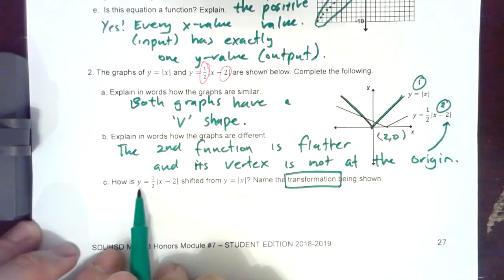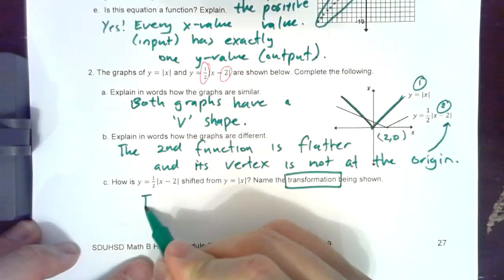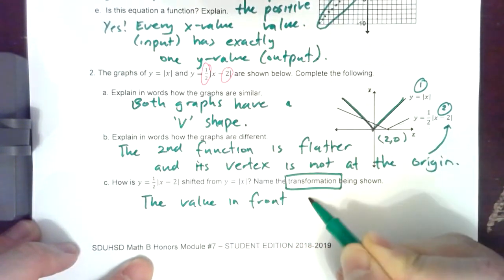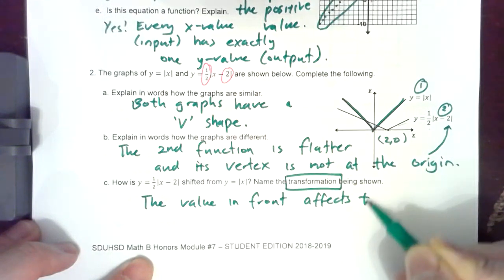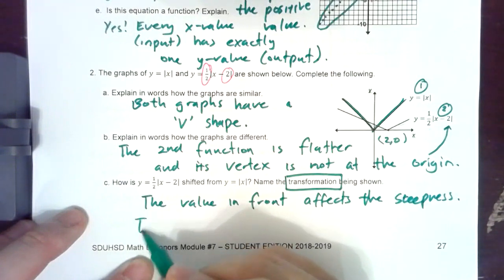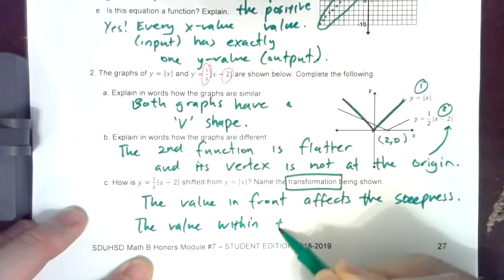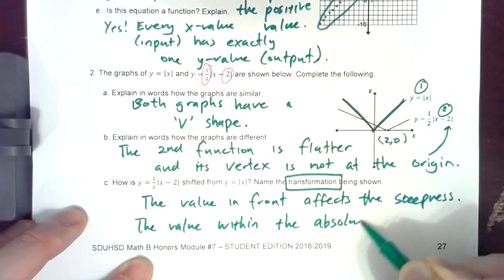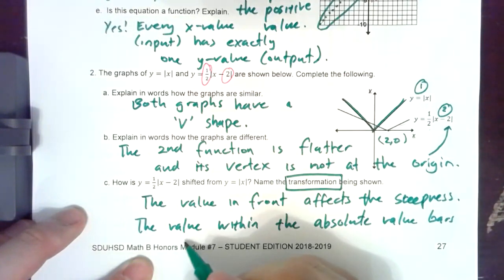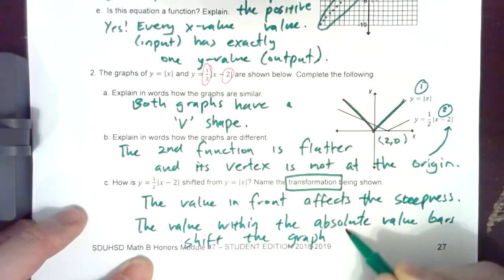Okay, so how is y equals 1/2 absolute value of x minus 2 shifted from y equals absolute value of x? The 1/2, the value in front, affects the steepness. We should have realized that. And then the value within the absolute value bars shifts the graph horizontally.